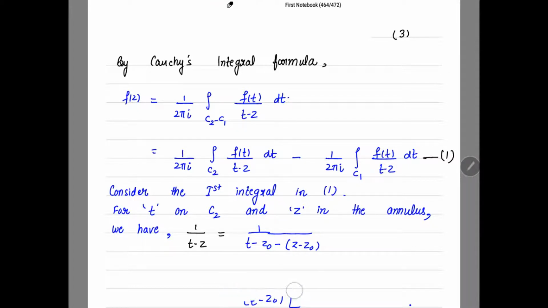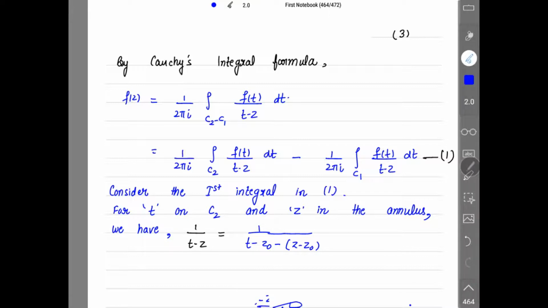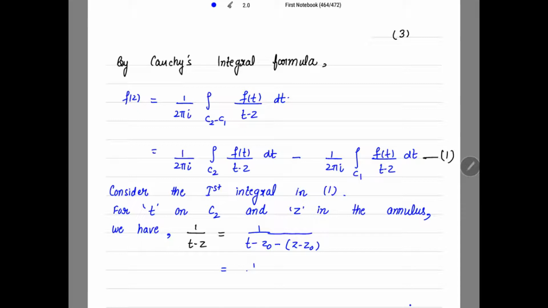Let me write this again. This is equal to, I am taking t minus z naught outside from the denominator common, and this will be 1 minus z minus z naught over t minus z naught. Right?